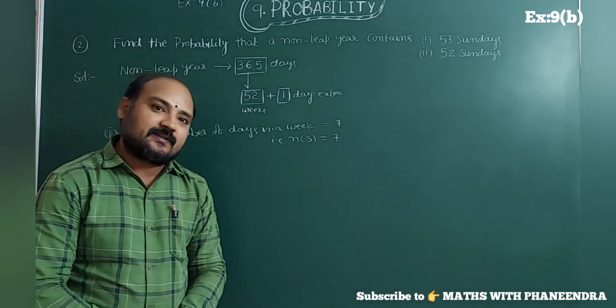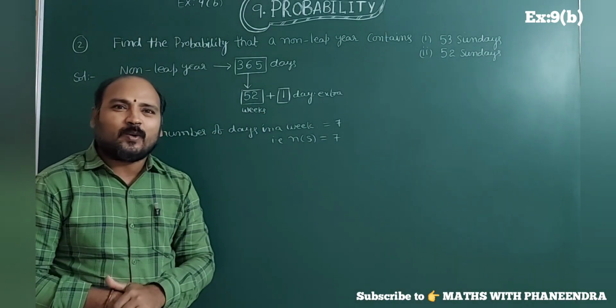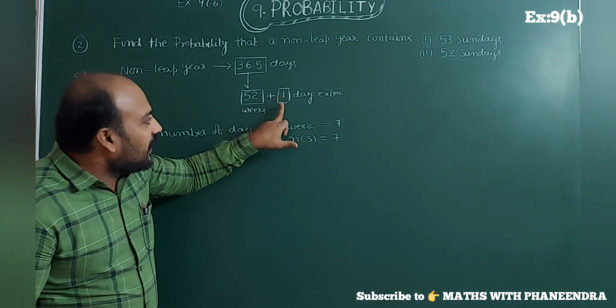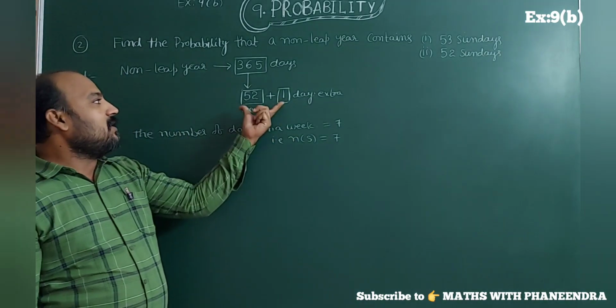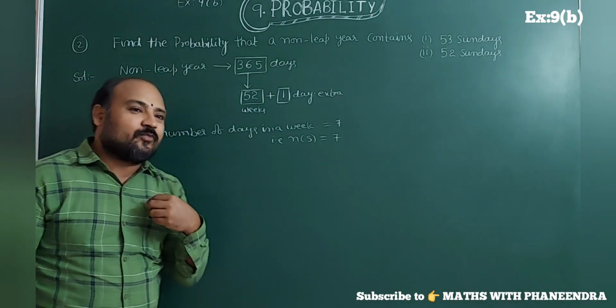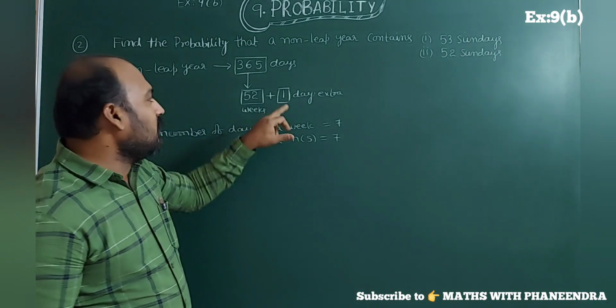52 weeks means 52 Sundays will be there, no? We want 53 Sundays. So the extra 1 day should be a Sunday. Then it becomes 53 Sundays. So how many possibilities are there? Only one possibility out of 7.